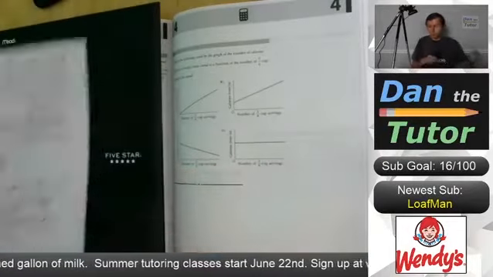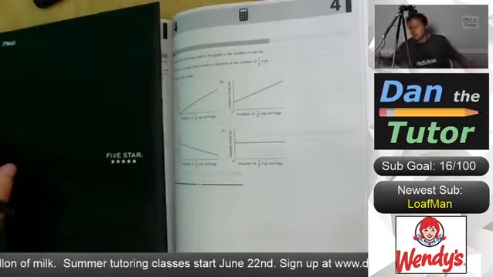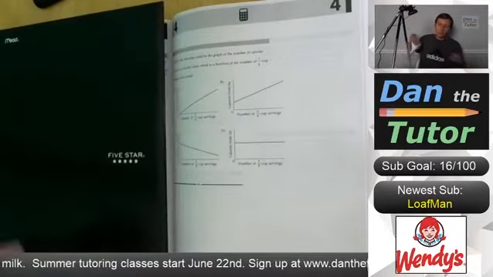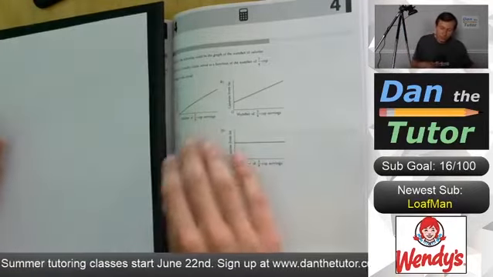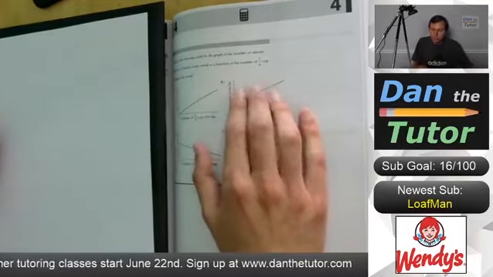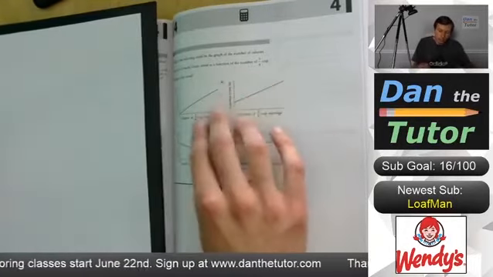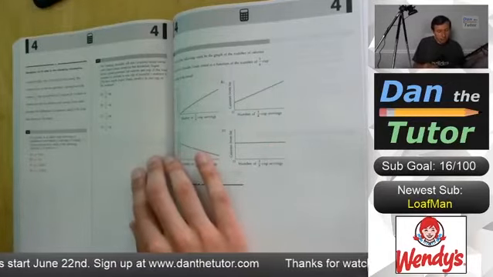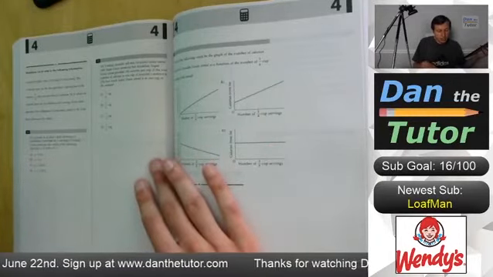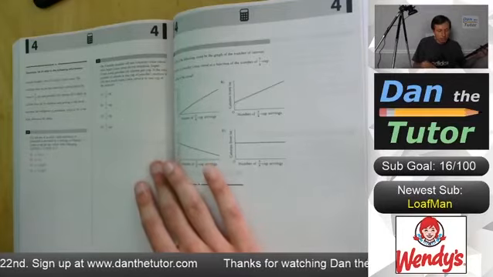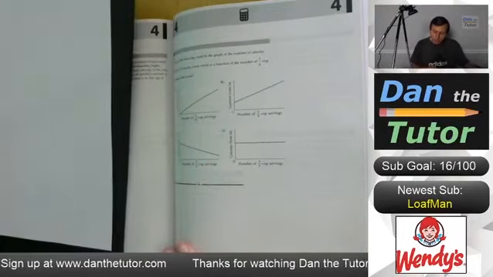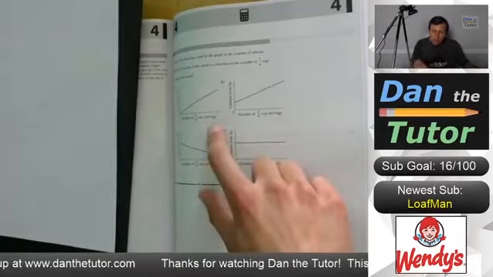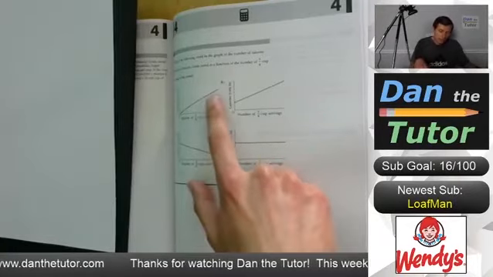Okay, number 20. Which of the following could be the graph of the number of calories from fat in crunchy grain cereal as a function of the number of 3/4 cup servings of the cereal? If it's saying that 50 calories are from fat, then number of servings, calories from fat.